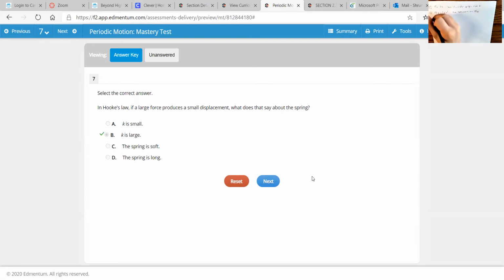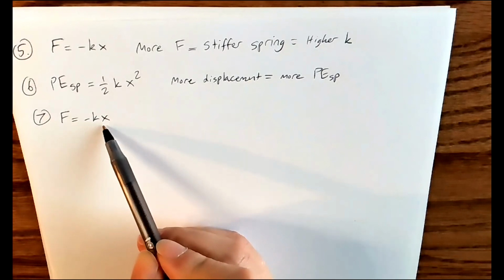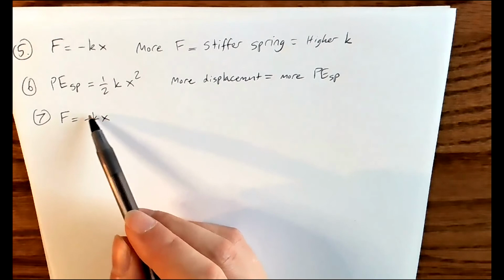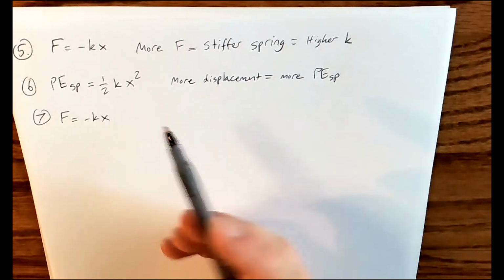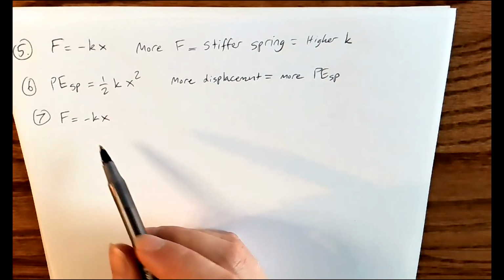If you know F equals negative kx, and you know F is large, and that equals negative kx, and you know x is small, that means k has to be large in order for this to be true, okay?